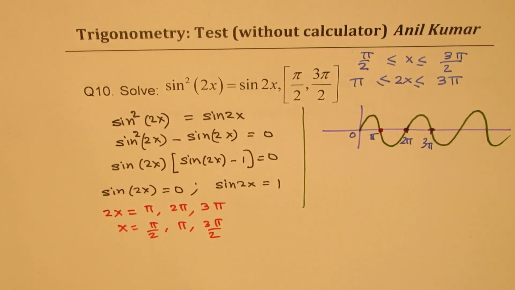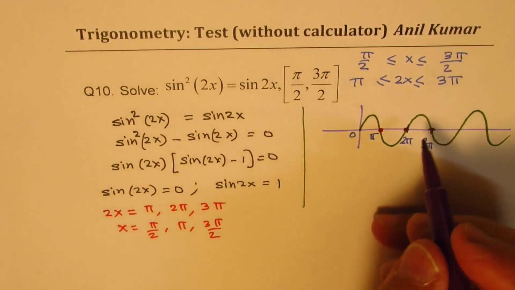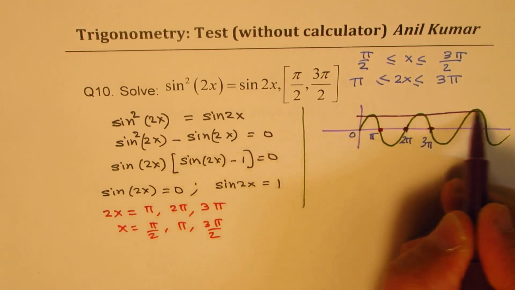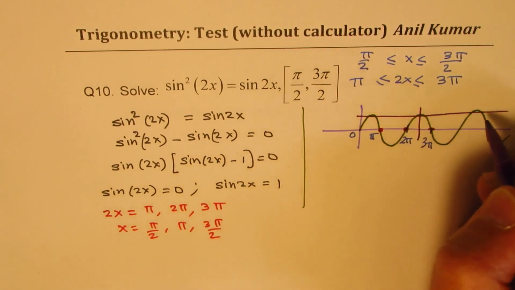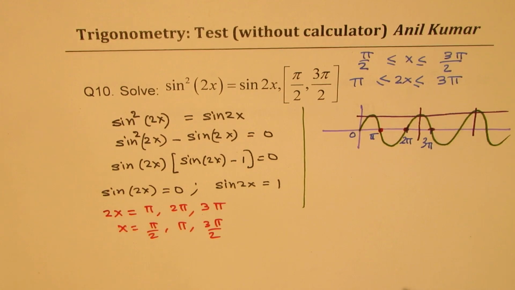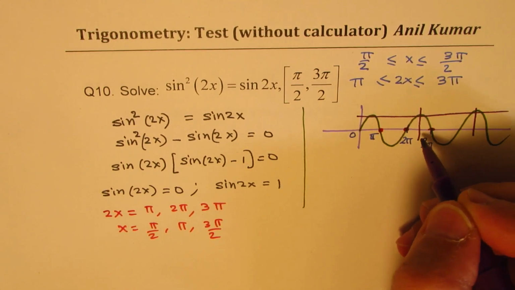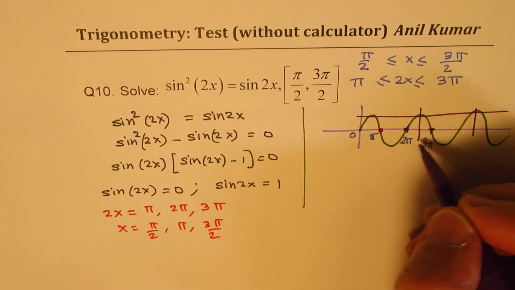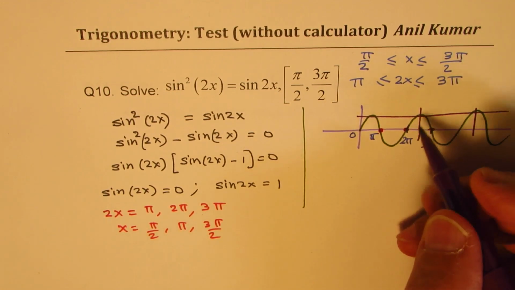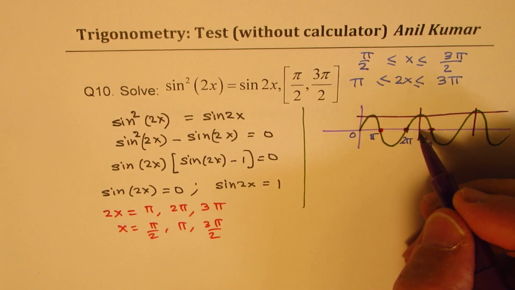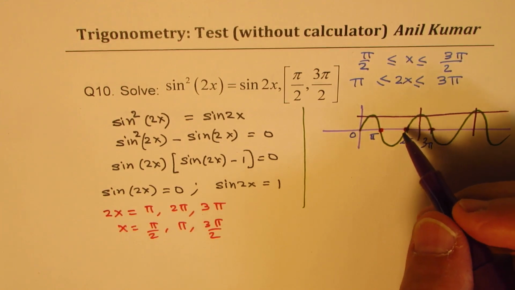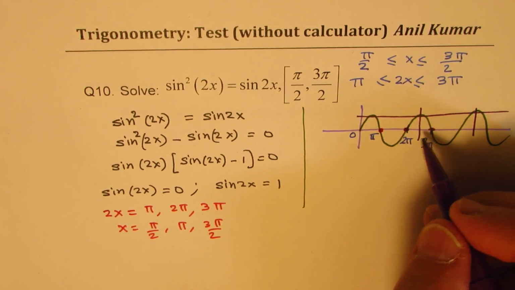Now let us look into ones. So 1 is the maximum value, right? So these are the values for 1. So the only value between this is 2.5 pi, or you can say 2 pi by 2 plus half, right? So this is 3 pi.